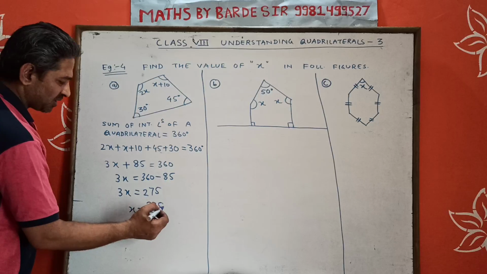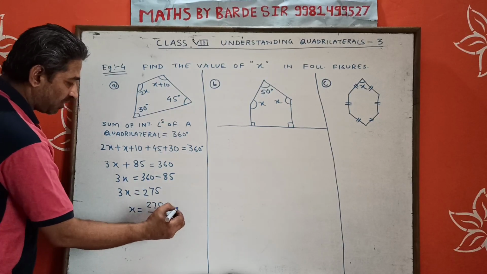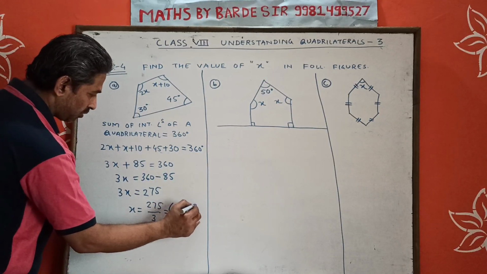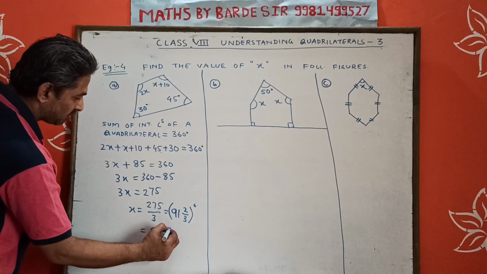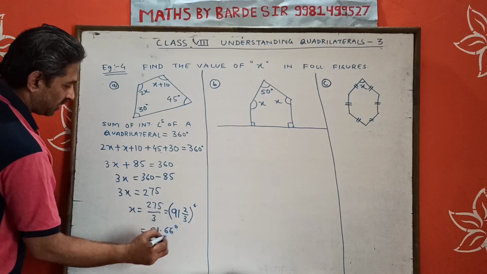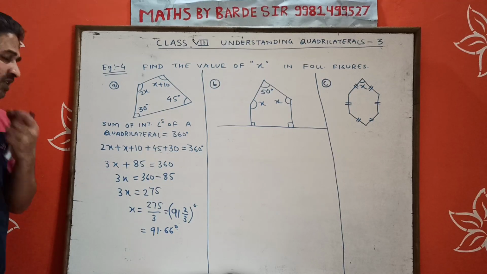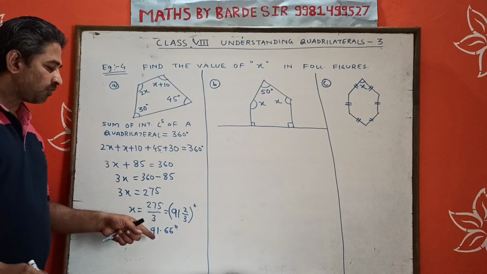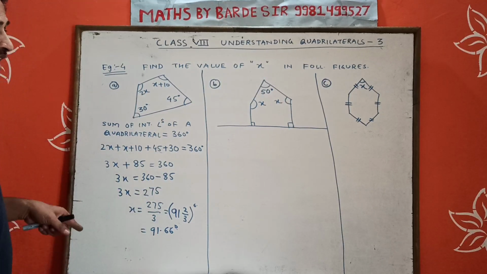Obviously, it will be in decimals. Angle can also be in decimals. It is 91 2 by 3 degree, or we can write it as 91.66 degrees, right? Or even you can leave the answer here itself, that is 275 upon 3. Okay, so with this concept you can see angle can be in decimals as well, right?